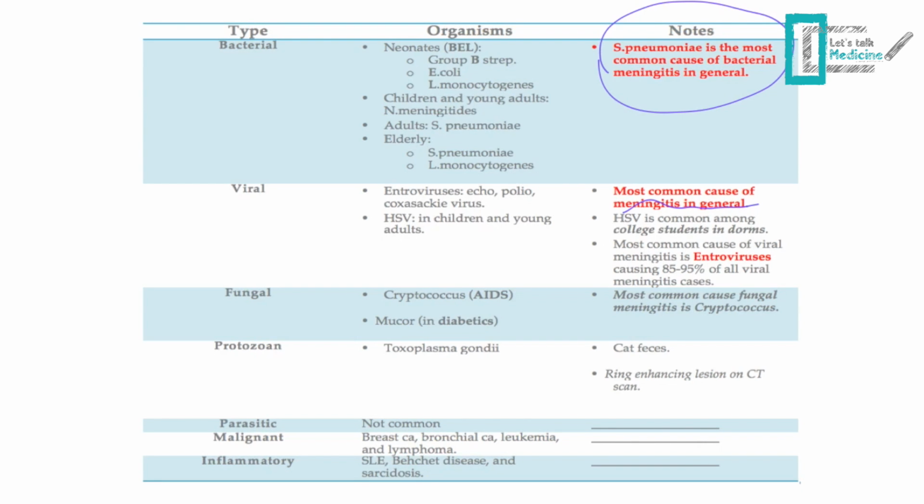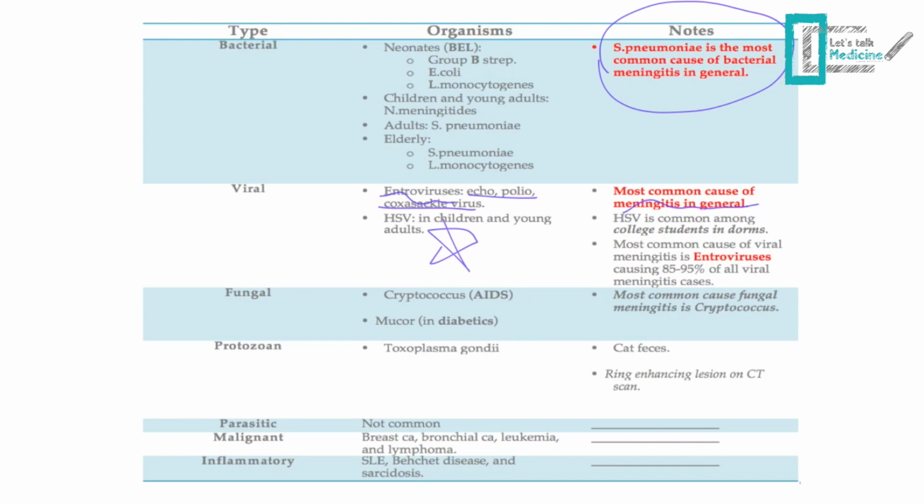And of that, the most common organisms that can cause it are the enteroviruses family, that includes the Coxsackie virus, the echovirus, and poliovirus. Another one that can also cause viral meningitis is herpes simplex virus, and this is really important and very high yield for you to know, because HSV meningitis is very severe and might have symptoms very similar to bacterial meningitis.